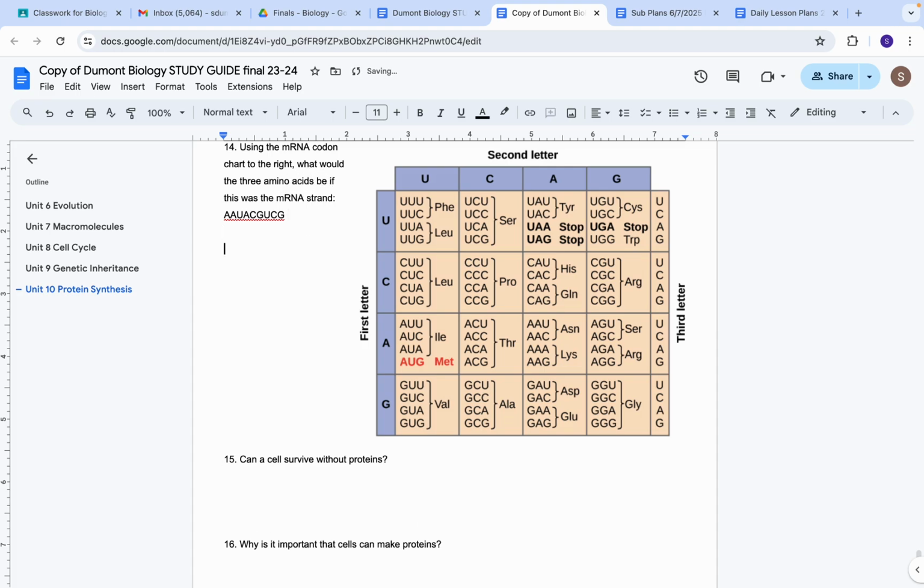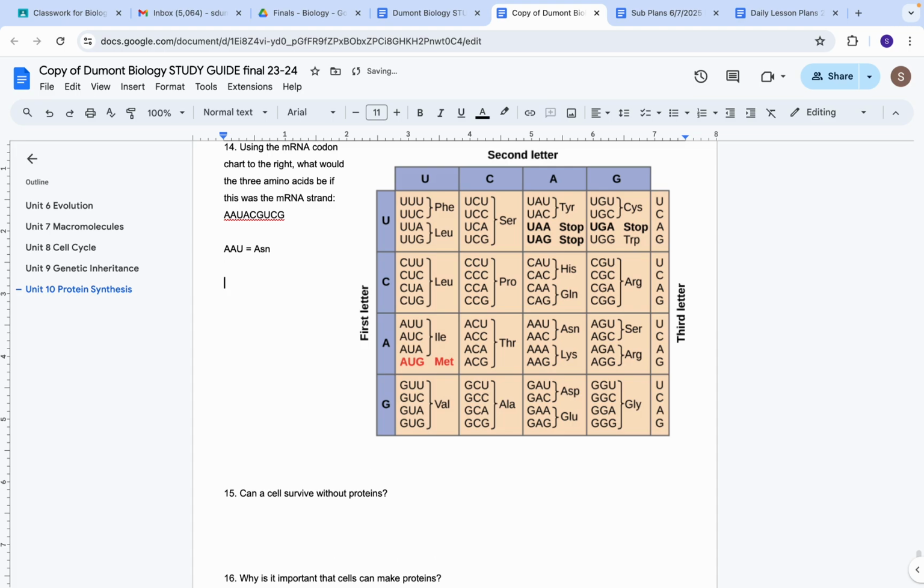Okay, so AAU, gotta look that up in the codon chart. First 3 letters, AAU, A, first letters on the side, so I look up A, then U is the first column, so AA. So in this box, AAU is ASN. See right there? So I'm going to write that right here, ASN.